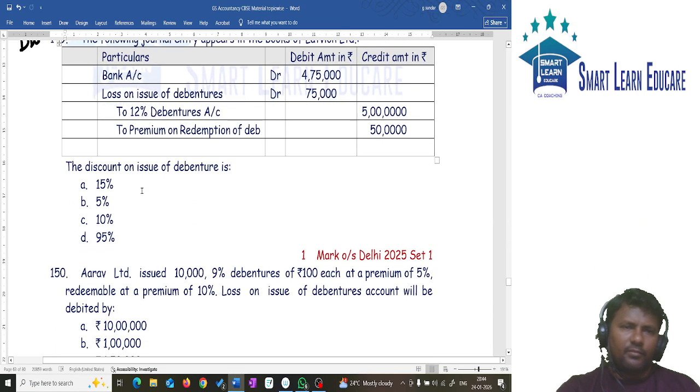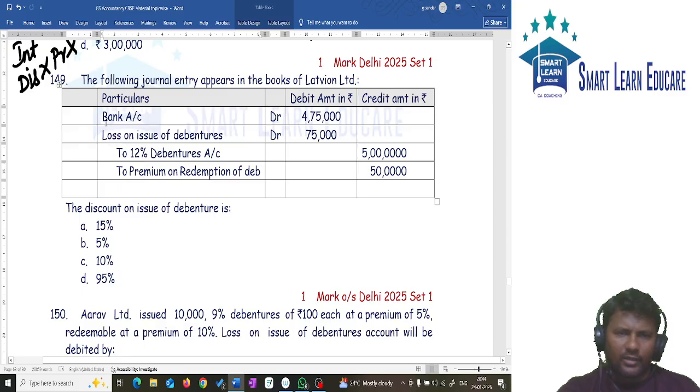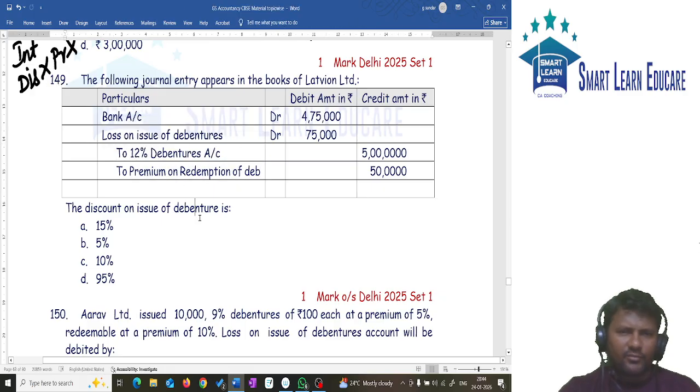Next, question number 149. The following journal entry appears in the books of L Limited. We have a journal entry: Bank account debit, loss on issue of debentures account debit, to 12% debentures, to premium on redemption of debentures.